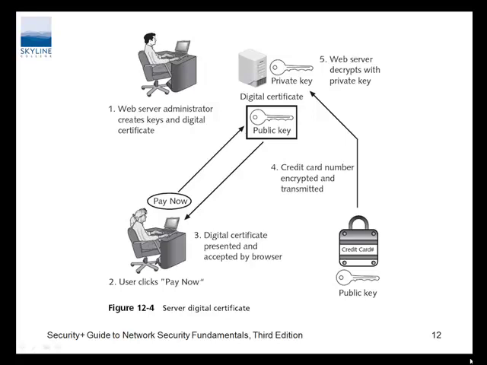hacker.com sends me its public certificate, and that's okay because anybody can have the public certificate. It's public. My machine would generate an encryption key. I would then encrypt the key that I generated with the public key and send it back to the server, hacker.com, which would then decrypt it with the private key.